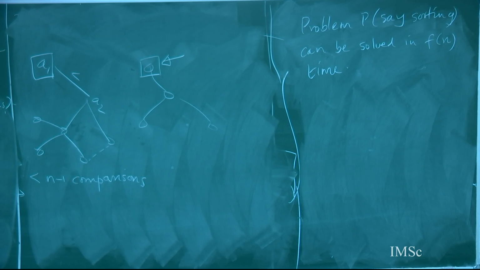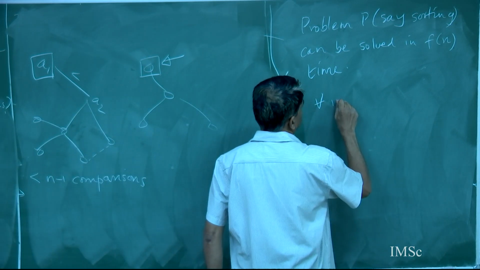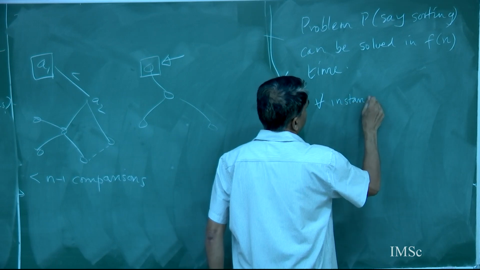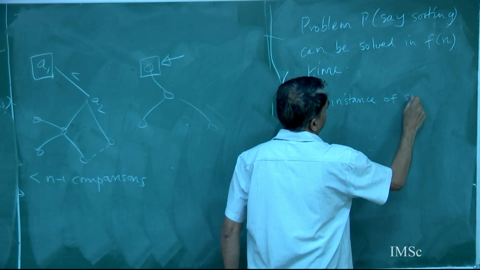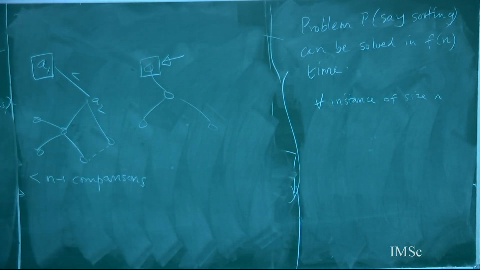I want some logical quantifiers coming in. For all instances of size n, there exists a sequence of operations, a sequence of comparisons, which provides the solution.